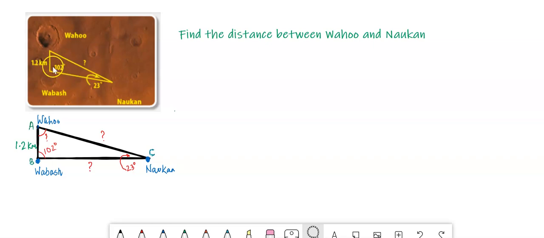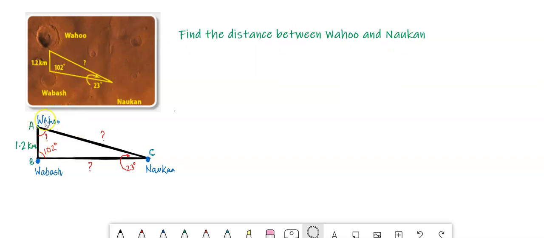This angle here is 102 degrees, this angle here is 23 degrees, and the distance between these 2 craters, Wahoo and Wabash, is 1.2 kilometers. Now we have been asked to find the distance between Wahoo and Nokon.